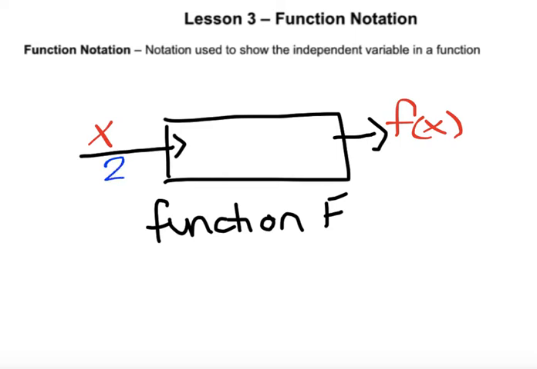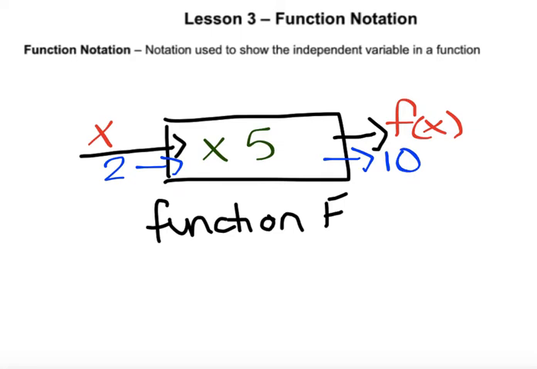So I'm putting 2 into here, and we're going to say f stands for, what are we going to do to it? We're going to multiply it by 5. So if I put 2 in and multiply it by 5, it's going to come out the other side as 10.